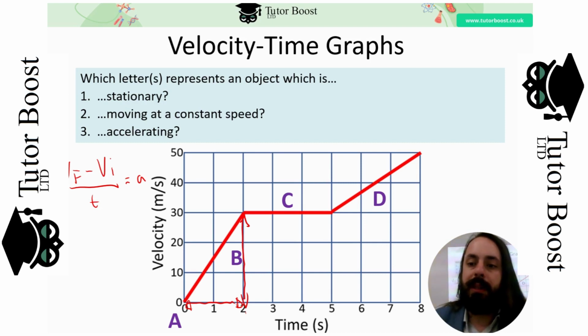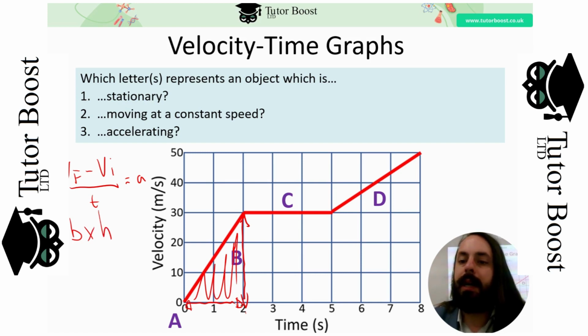Now there's one more thing that we can calculate, and that is the distance traveled. How do we calculate that? By using the area under the graph. So we want to calculate this first bit. We need to calculate all of this area, and that would be base times height and divided by 2 because it's a triangle. So base times height divided by 2.